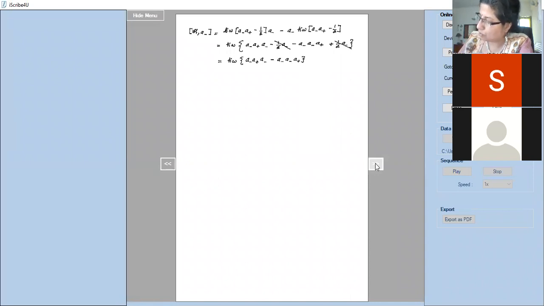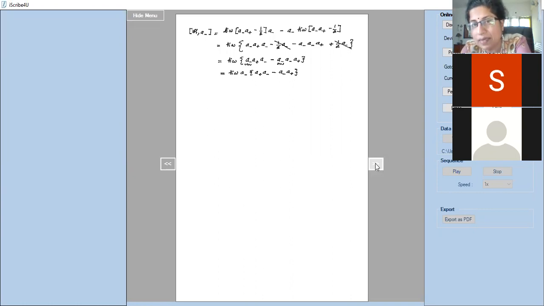I'm going to take out this A minus common. So I will get H cross omega A minus, and then over here A plus A minus minus A minus A plus. What is this the commutator of, please? A plus A minus minus A minus A plus.